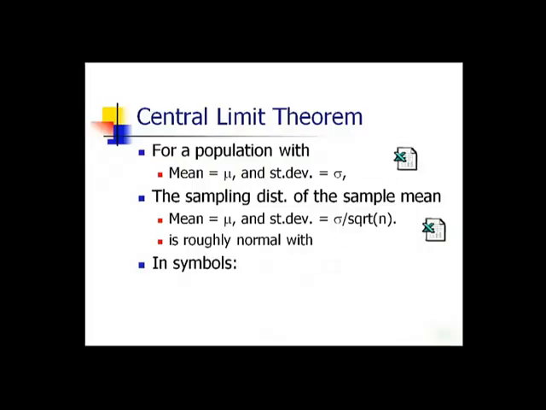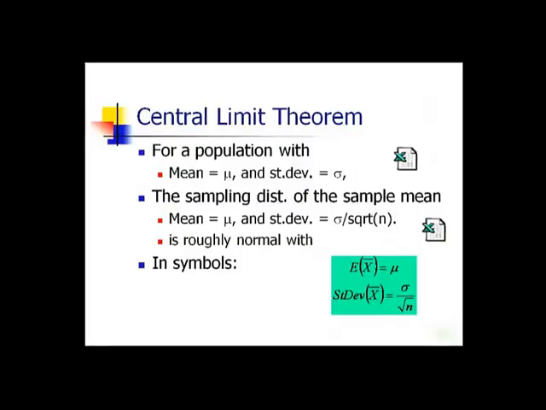Let me just express in symbols what we've seen from the central limit theorem. The expected value of x bar, the mean of this distribution of sample means, is going to be exactly the population mean, and the standard deviation of x bar, the spread of my sample means, is going to be given by the population standard deviation, sigma, over the square root of the sample size.